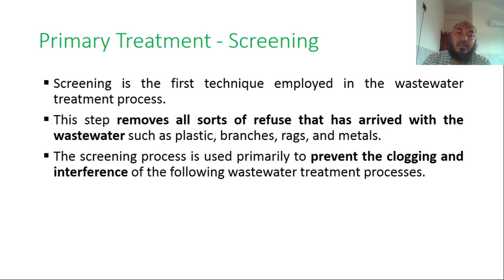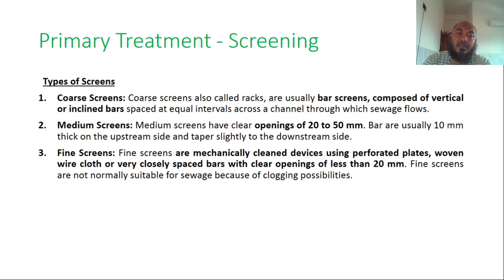The screen is the first technique employed in the wastewater treatment process. The step is to remove all sorts of refuse that arrive with the wastewater, such as plastic, branches, rags, and metal. The screening process is used primarily to prevent clogging and interference in the following wastewater treatment processes. Screens can be coarse screen, medium screen, and fine screen.